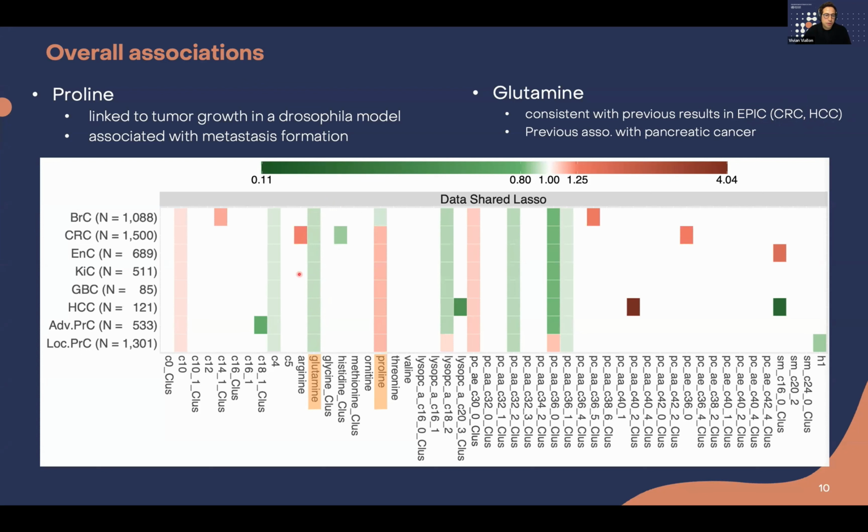But here we were in a position to show that this amino acid could actually be inversely associated also with all the other cancer types. And actually this amino acid was also reported to be inversely associated with pancreatic cancer. So it could even be associated with other cancer types that we were not able to study in our analysis. So it could really be a marker of interest, for instance, for cancer prevention.